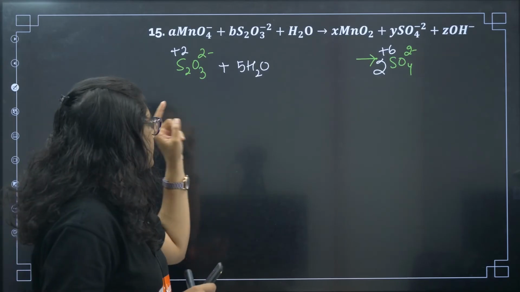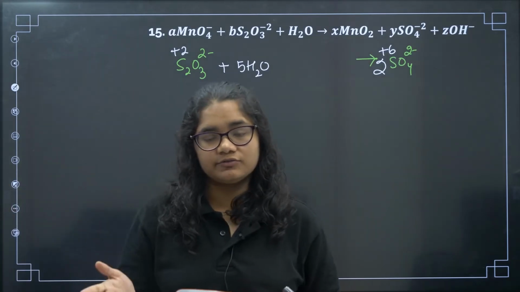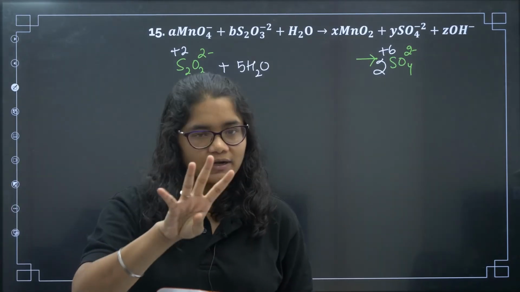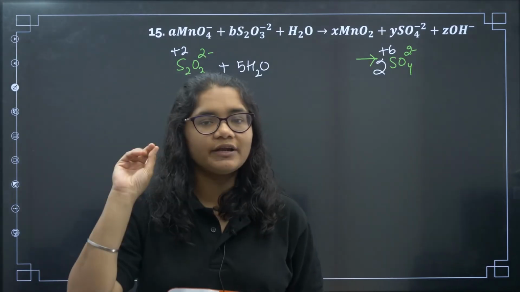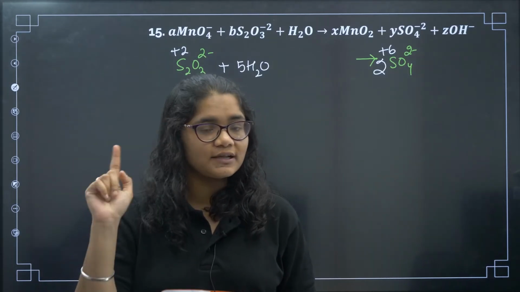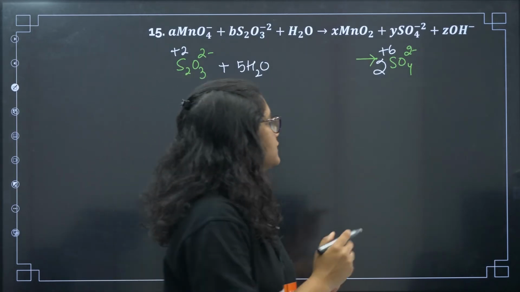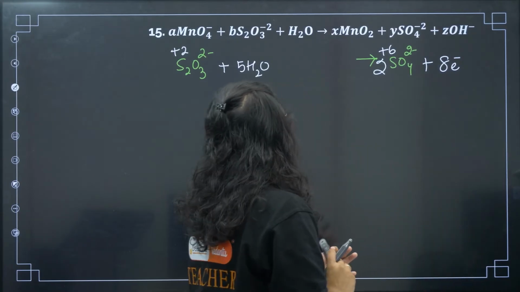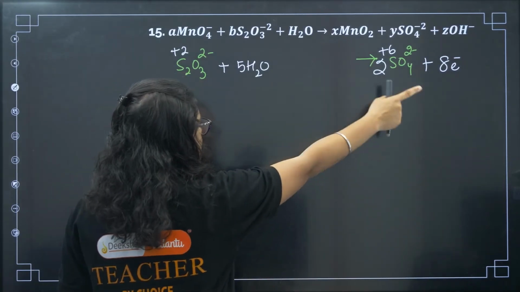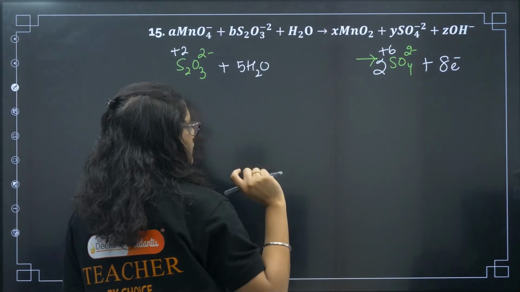Are you getting? For one sulfur to convert from +2 to +6, it has to lose 4 electrons. But we have 2 sulfur on both the sides. So for one sulfur, if it is 4 electrons, for 2 sulfur it will be 8 electrons. So this side there will be loss of 8 electrons. Okay. Now when we balance this oxygen, the hydrogen got imbalanced, right?